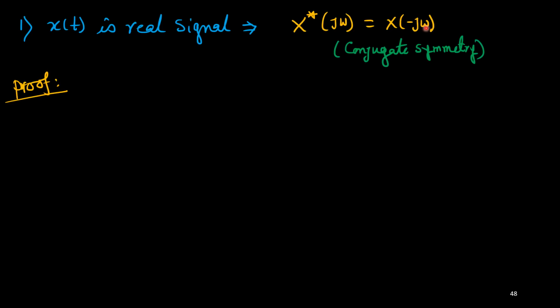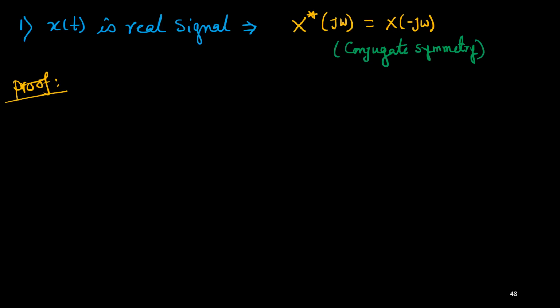Meaning is that its negative frequency is the conjugate of the positive side frequency. Meaning the spectral has the conjugate symmetry property. Right side and negative side, left side, these two frequencies are conjugate to each other. That is the meaning of this one, right?